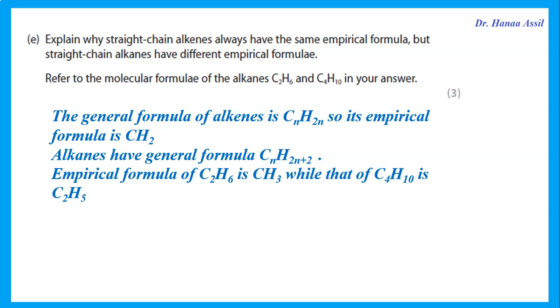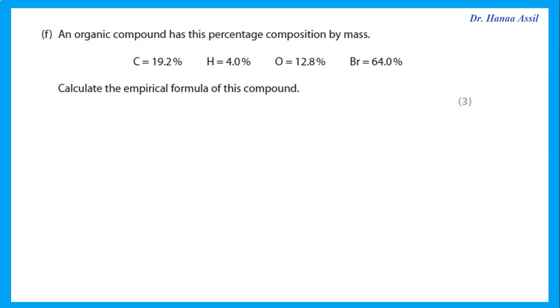So the empirical formula of C2H6 is CH3. But if I do the same for C4H10, you divide by 2, then the empirical formula is C2H5. So alkanes have different empirical formula. Alkenes have the same empirical formula, which is CH2.